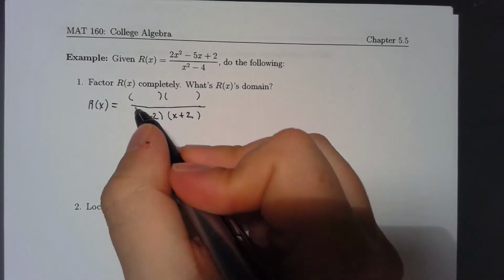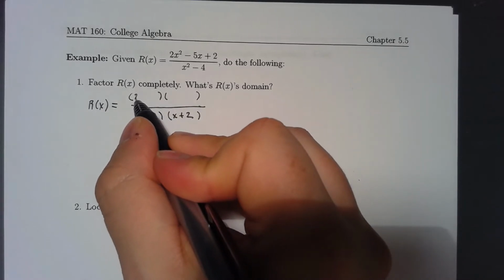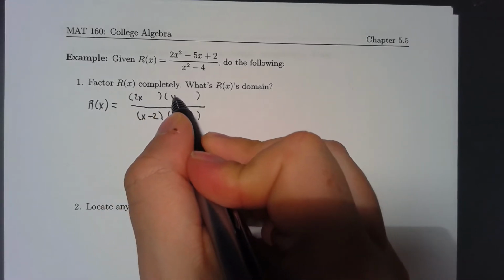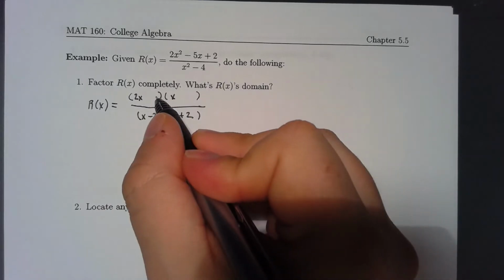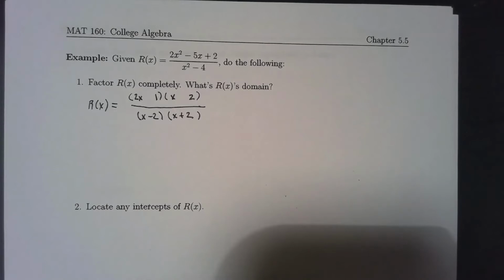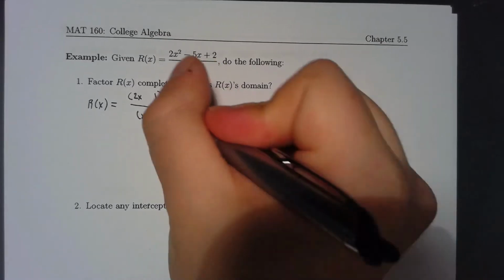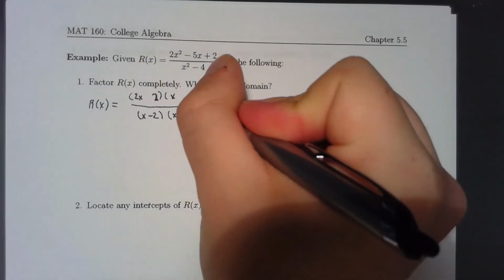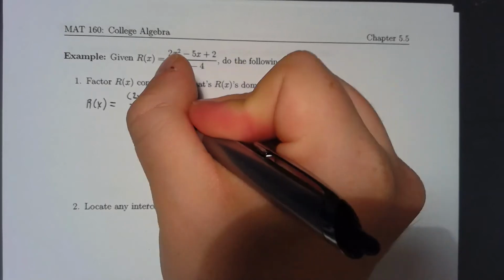The numerator factors to be what? 2x and x, and 2 means it's going to be 1 and 2. Or it could be 2 or 1, I don't know yet exactly. So 2x and x, I think it's the other way around. I think it's going to be 2 and 1.